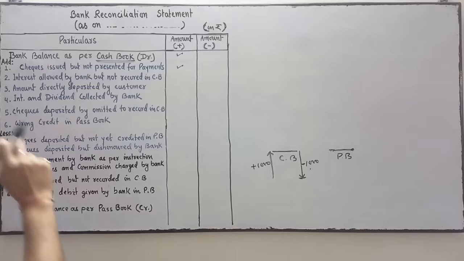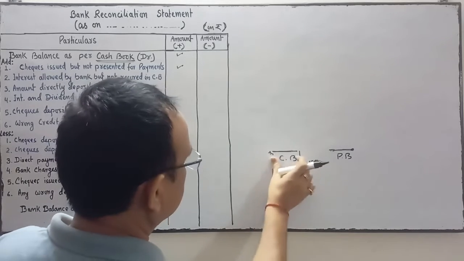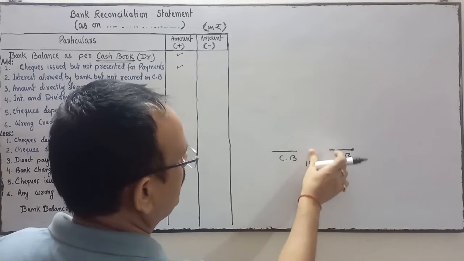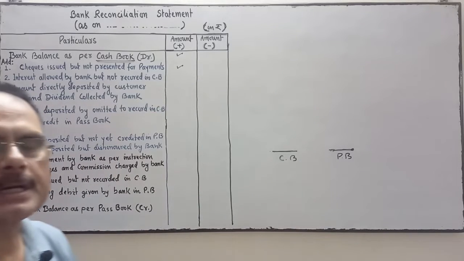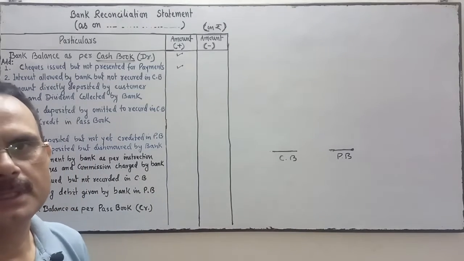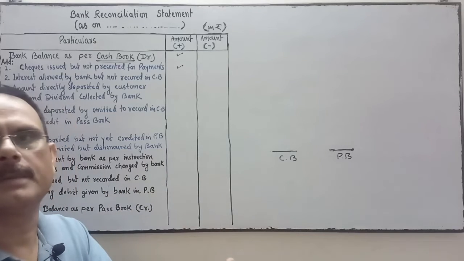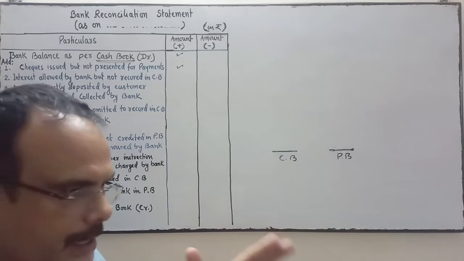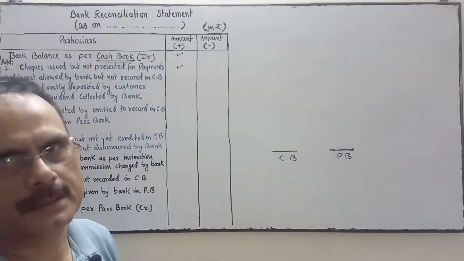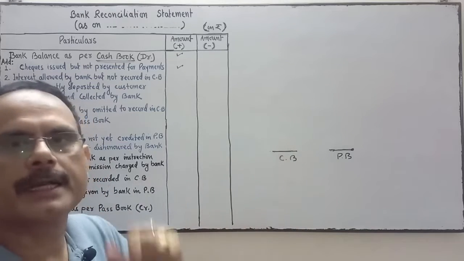Next is interest allowed by the bank. Next you see, interest allowed by the bank but not recorded in the cash book. Interest is allowed by the bank, but information regarding that interest is not given by the bank to the customer. That's why it is not recorded in the cash book.